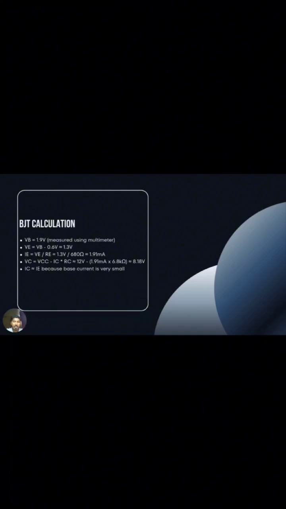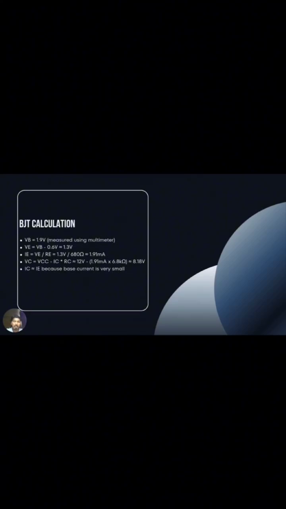For the last part, we need to calculate the collector voltage, which is VC. The calculated value for the VC is 8.18 volt. To calculate this answer, we use the formula VC equals VCC minus IC times RC. The VCC is a constant value from the circuit, which is 12 volt, and then IC we get from the previous calculation, which is IE.